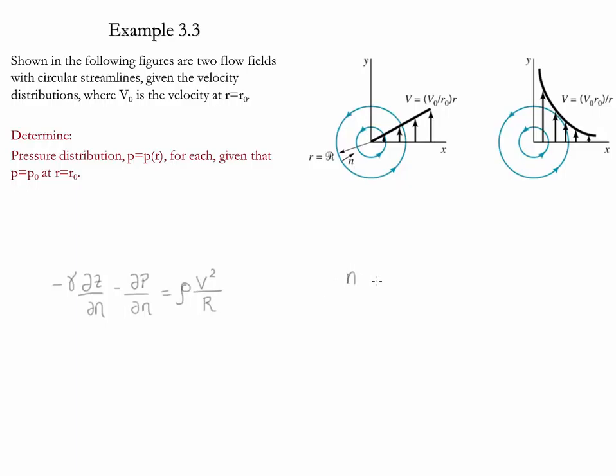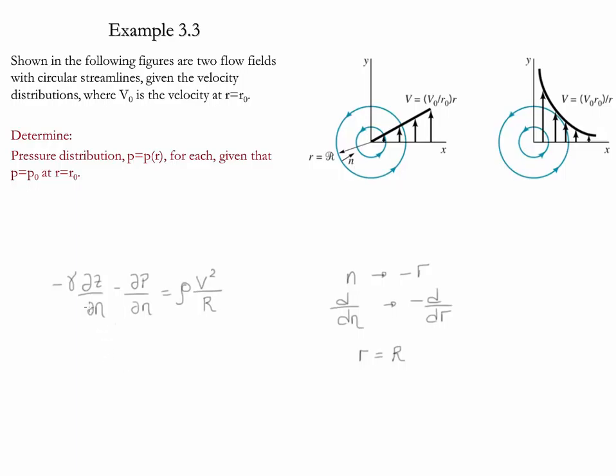Therefore, n is the negative of r, and any derivative with respect to n is going to be the negative of any derivative with respect to r. We also could see that the variable r is going to be equal to the radius of curvature. So we substitute into this equation.